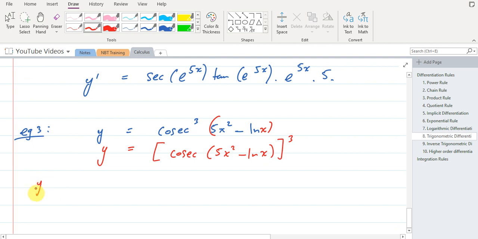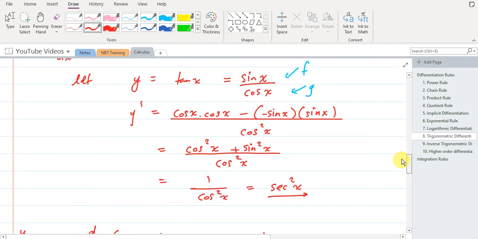So now we find y prime, chain rule first. 3 cosec of 5x squared minus ln x, squared, times the derivative of the inside. Now you're just differentiating the inside because you finished the outer part. The derivative of cosec is negative cosec cot. How do we know that? Look at this table.